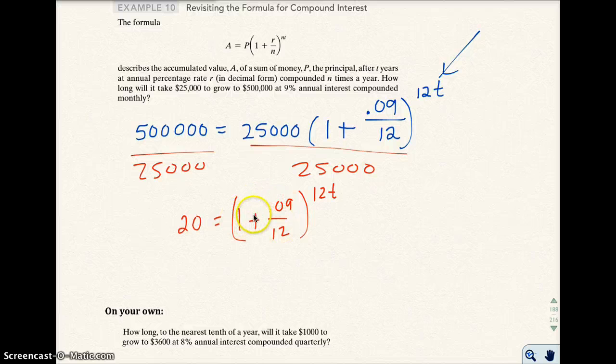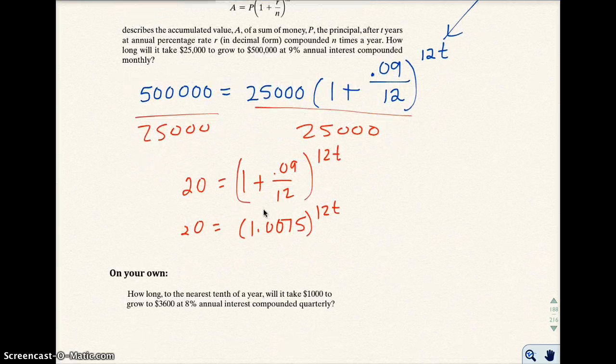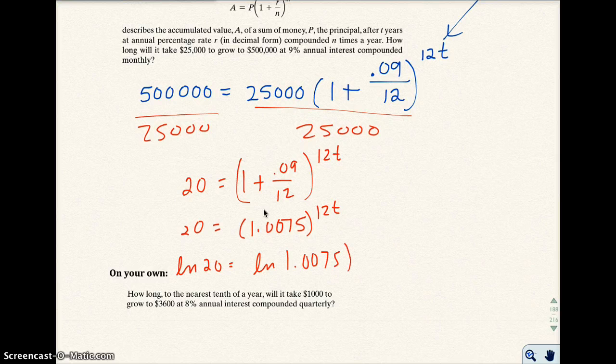The base is actually some ugly base right here, so I'm going to figure out what that is. Let's just do 1 plus 0.09 divided by 12. My base is actually going to be 1.0075 raised to the 12t. Now we take the natural log of both sides. The natural log of 20 equals the natural log of 1.0075 to the 12t.